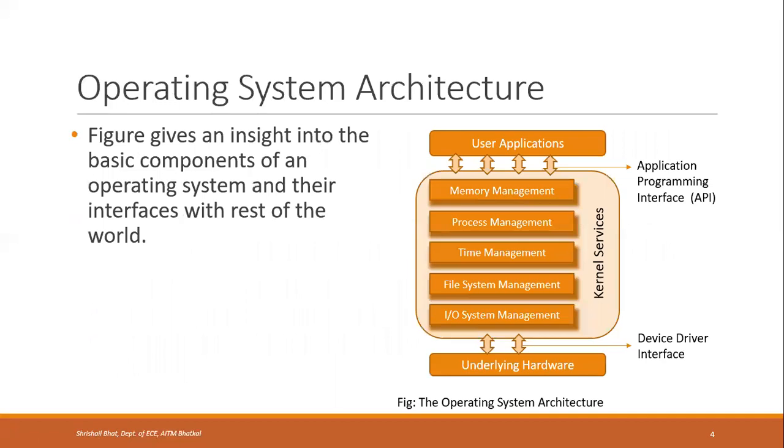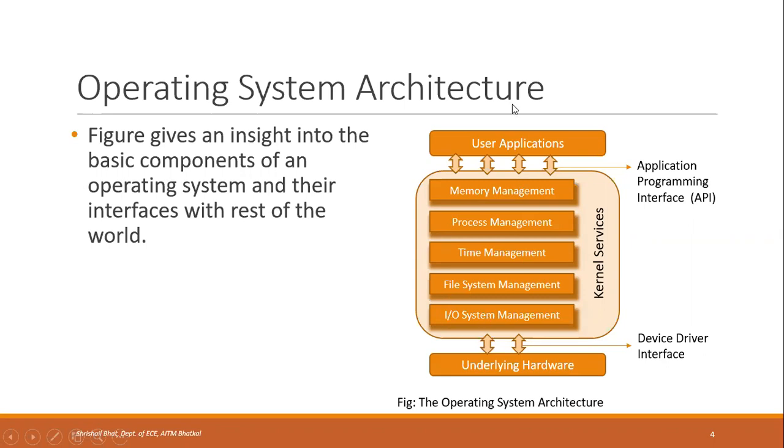So this gives the architecture of an operating system. You might be asked to explain the architecture of an operating system. You need to draw this diagram, wherein you have the underlying hardware. Above this you have the kernel services, different kernel services like memory management, process management, time management, file system management, IO system management.